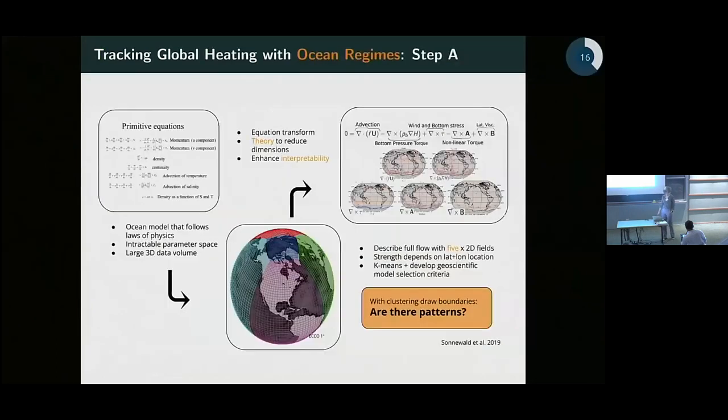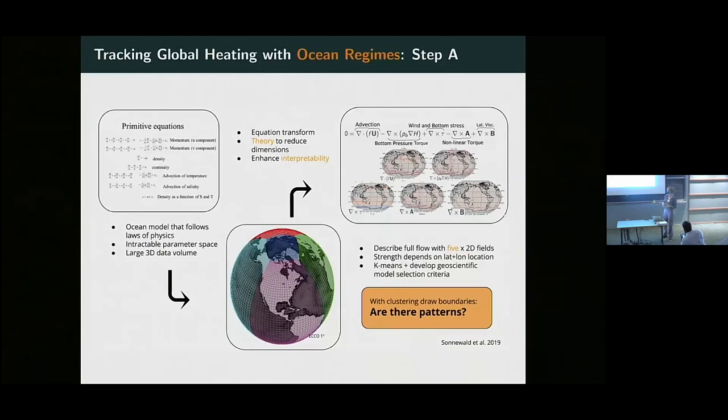The first step is defining these ocean regimes, where I started with a full complex ocean model, or state estimate actually, ECCO at 1 degree. If you were to approach this naively, you would have a really overwhelming data set that's intractably large with a huge number of parameters.